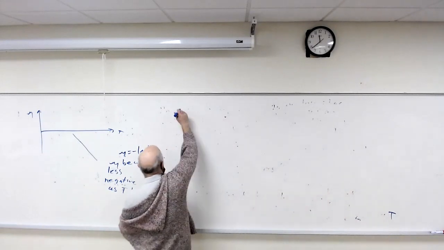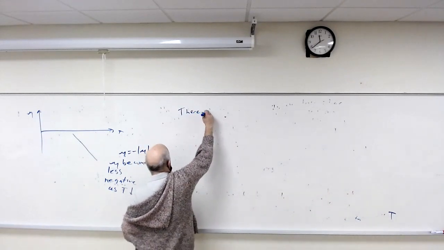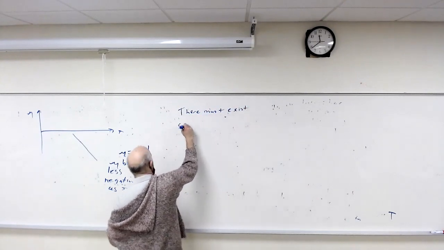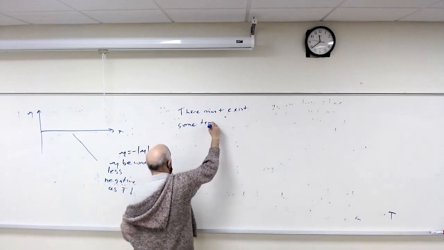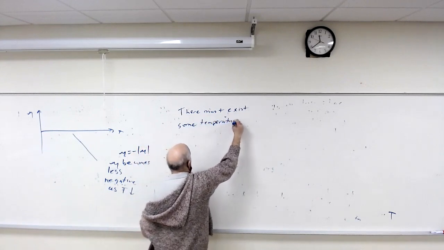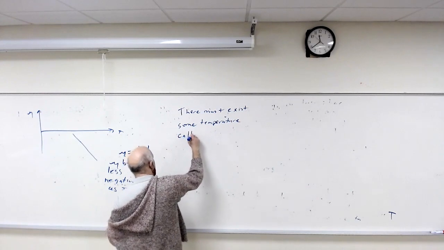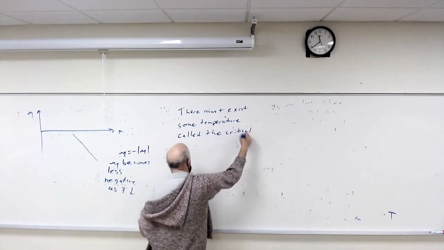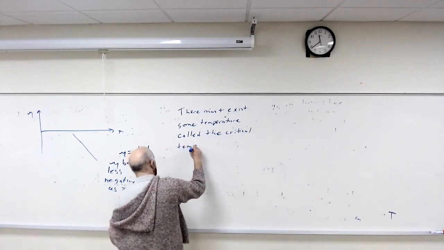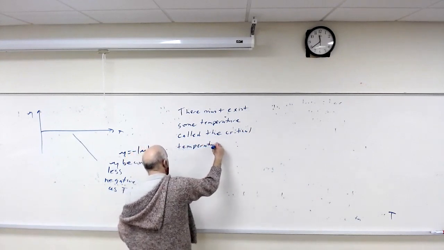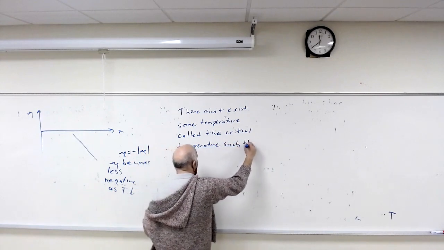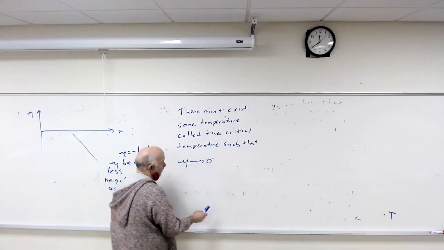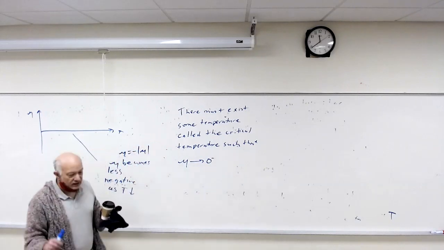Okay, so there must exist some temperature called the critical temperature, such that this mu goes to zero, and I'll put a little minus on here, meaning it's still negative, but it's zero.